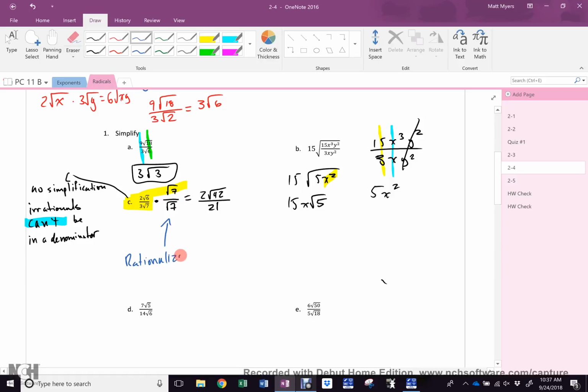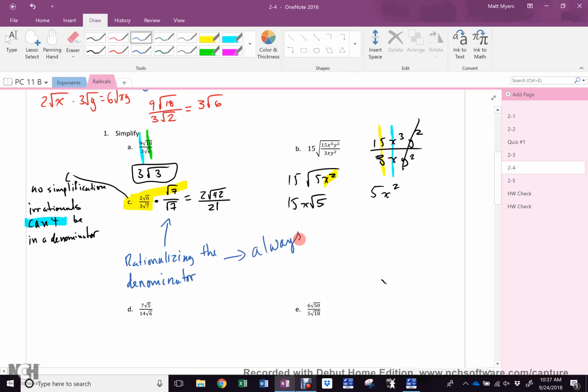rationalizing the denominator. And it must be done if you ever end up with a radical, an irrational in your denominator. Does everybody understand?